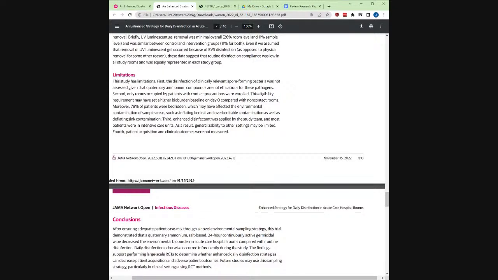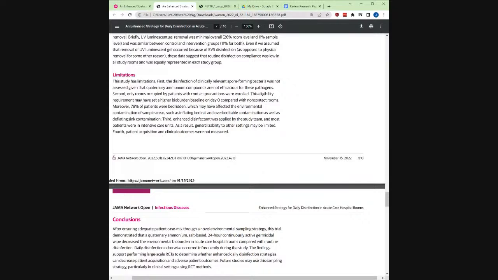Second, only rooms occupied by patients on contact precautions were enrolled. I was wondering about that. Why only contact precautions? These special patients that have big, bad, terrible bugs were enrolled. This eligibility requirement may have set a higher bioburden baseline on day 0 compared with non-contact rooms. So they are choosing a very particular subset of patients.